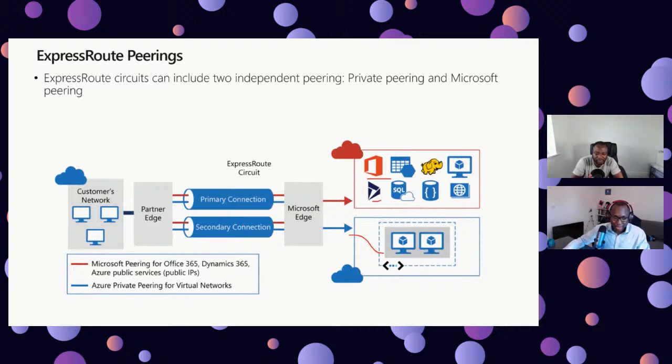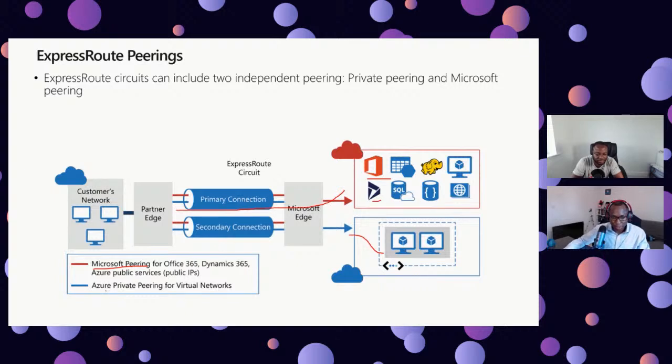So the way that it works is that when you are working with your ISP, you can define the BGP and peering that you want to set up. If you set up Microsoft peering, it is actually going to advertise the public IP addresses of Microsoft cloud services through your ExpressRoute for your network to be able to reach Microsoft cloud networks through your ExpressRoute.